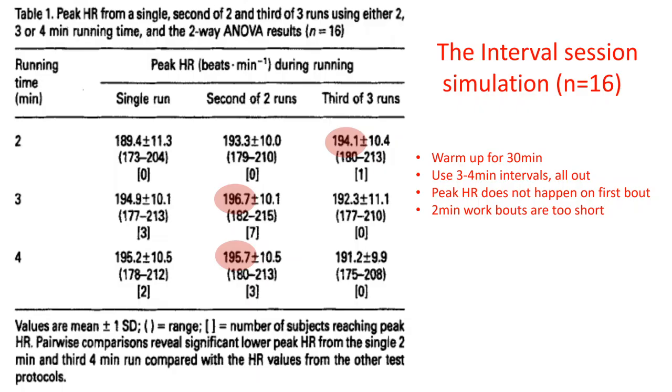But if they did one bout, rested for 2 or 3 minutes, and then another, I believe it was 2 minutes, then on the second bout, they hit their peak or a higher maximum heart rate. By the third bout, they were starting to fatigue. So in general, 2 minutes is too short. 3 or 4 minutes times 2 is probably pretty good.